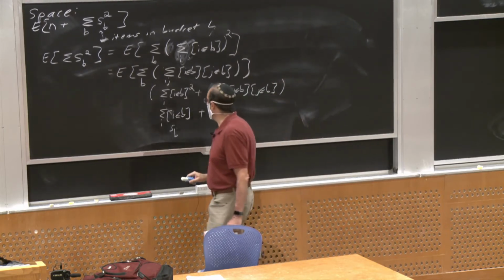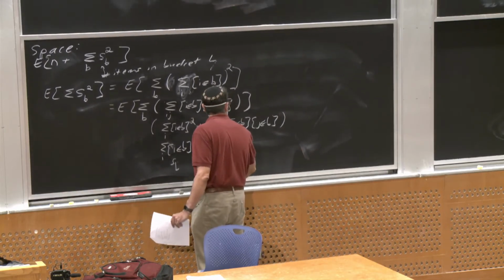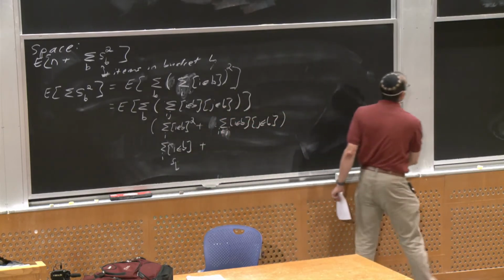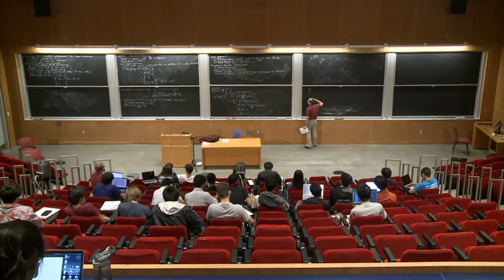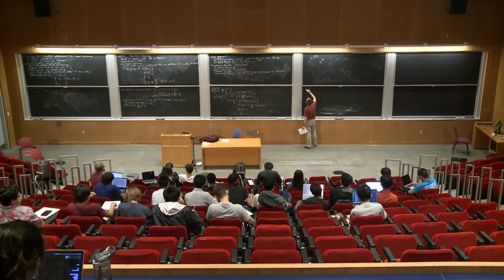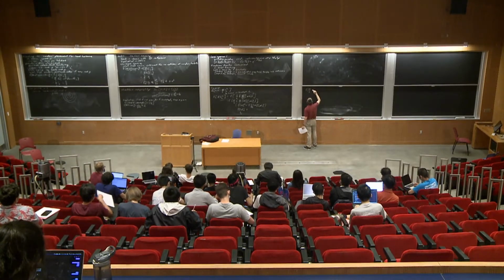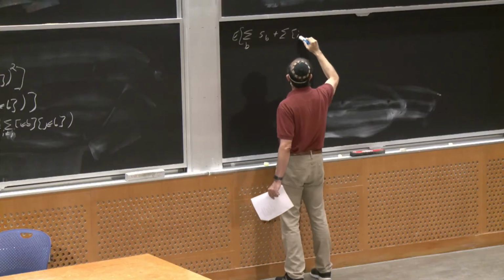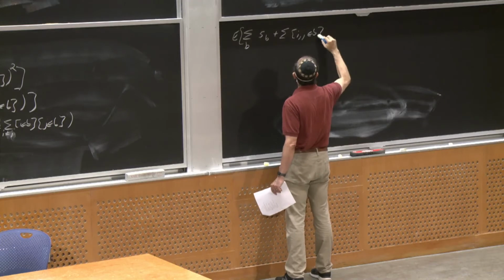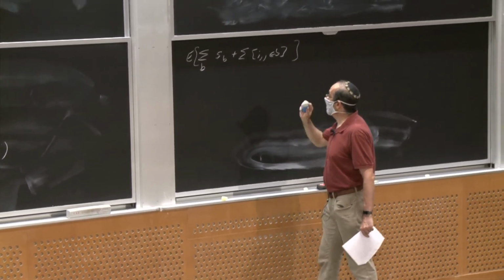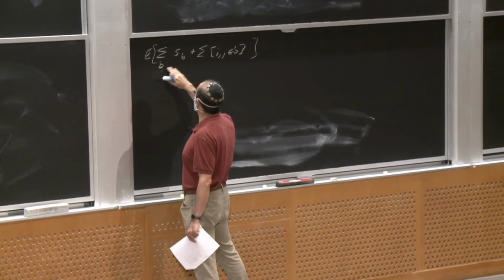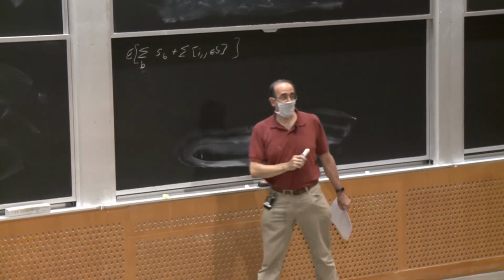So now what we have is a sum over B, with an expectation out here, of S sub B plus this sum of I and j both being in B. But now we're summing this over all B. So what is the sum over all B of S sub B?